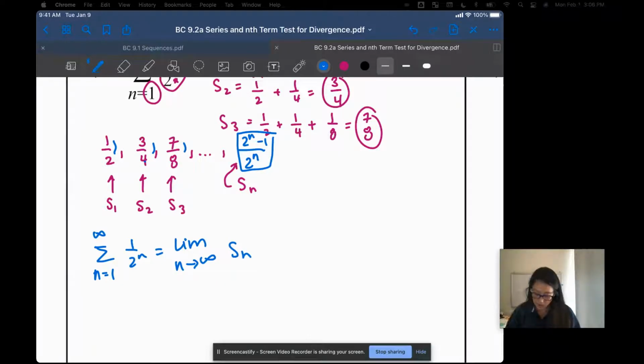So that would be the limit as n approaches infinity of 2 to the n minus 1 over 2 to the n.